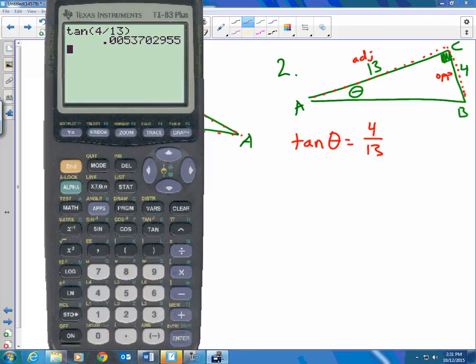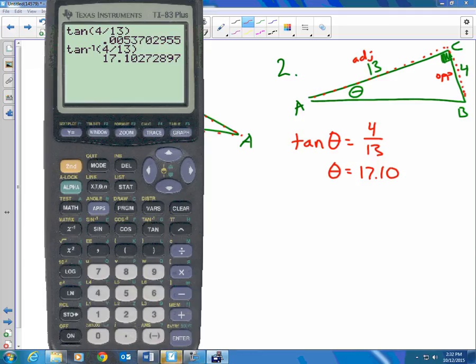All right, is this what you came up with? No, tell me why. I didn't do second tan, I just pressed tan. So if you press second tan, see the difference? You have to make sure you do that. 4 divided by 13. And I get 17.10. That okay?